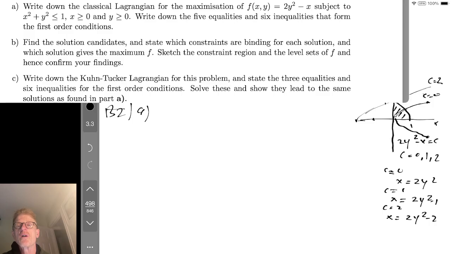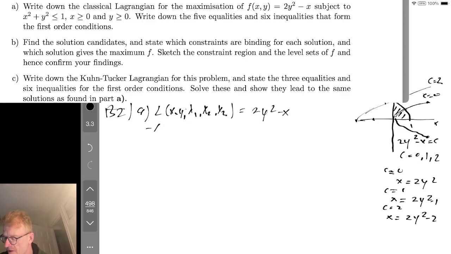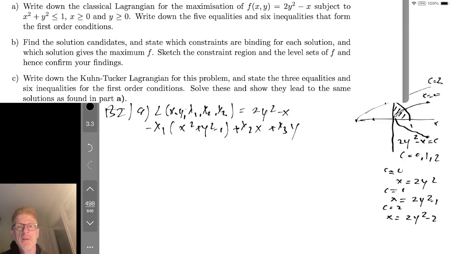Yes, so we need the Lagrangian in x, y, and now lambda 1, lambda 2, lambda 3, which is the function itself, 2y squared minus x, minus lambda 1 for the circle, plus lambda 2 x plus lambda 3 y, because it's minus lambda 2 times minus x.